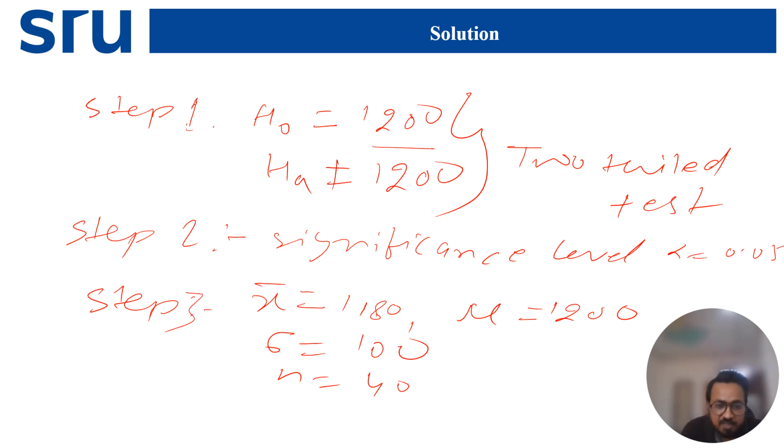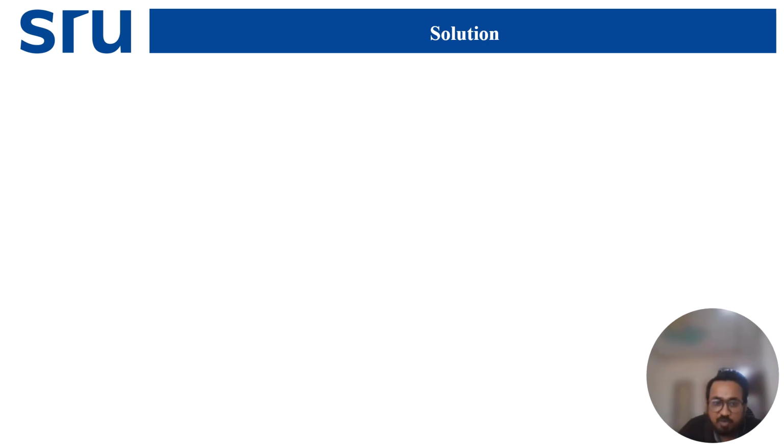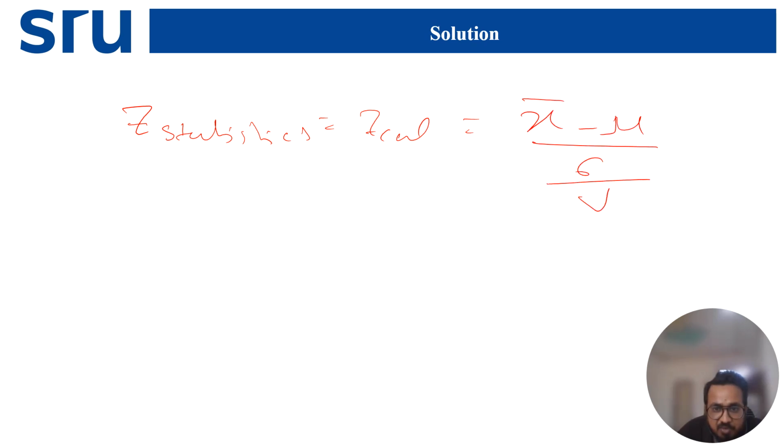So now we will apply the formula. What is the formula for Z statistics? The Z statistic, or you can say the Z calculated value, equals x bar minus mu divided by sigma by square root of n. You can see that in this question n equals 40, which is greater than or equal to 30.